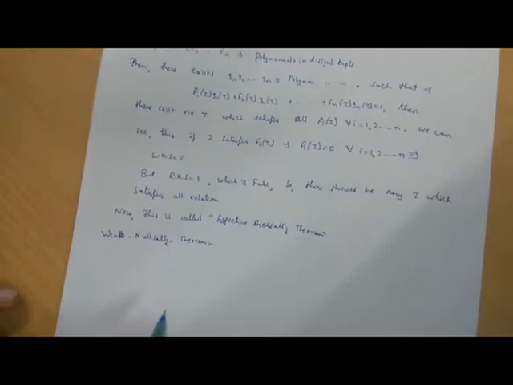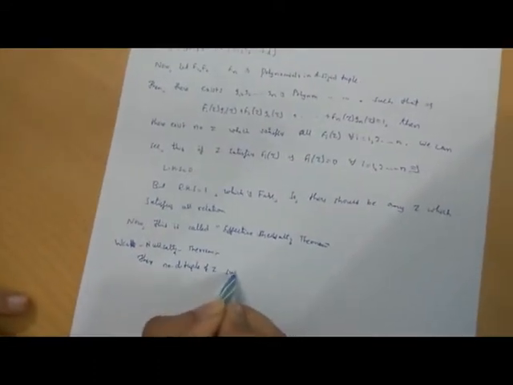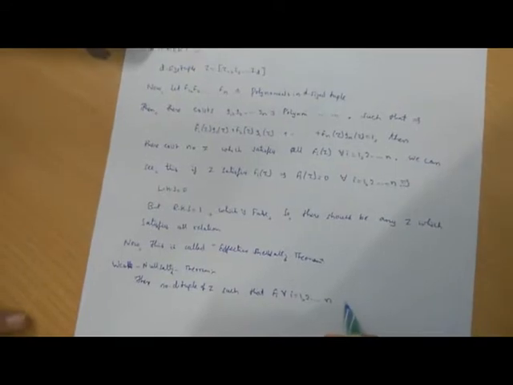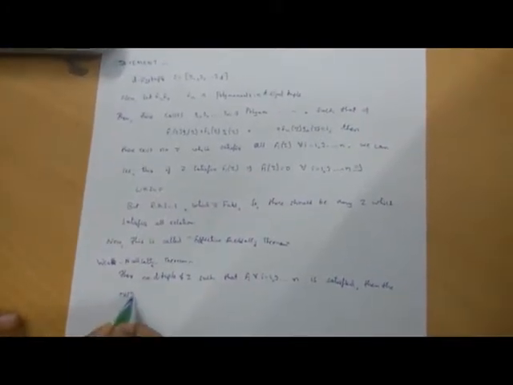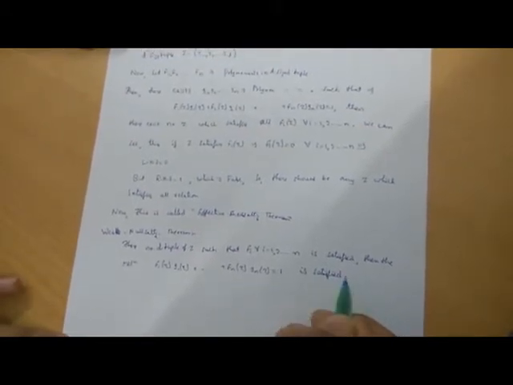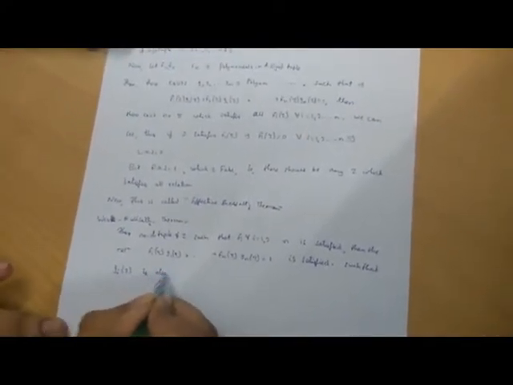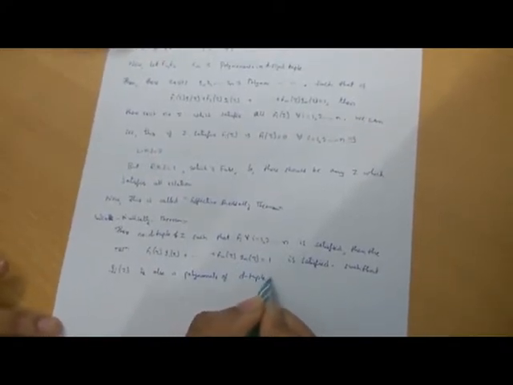It states that if there is no d-tuple of z such that f_i of z for all i equals 1 to n is satisfied, then the relation f1 of z times g1 of z, and so on up to fn of z times gn of z, equals 1 is satisfied, such that g_i of z is also a polynomial of the d-tuple z.